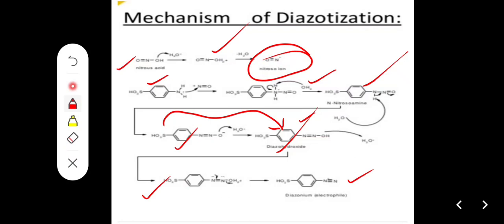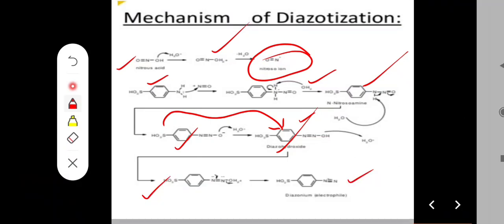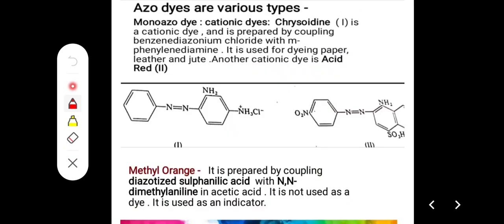Azo dyes are of various types. The first one, monoazo dye, can be a cationic dye. For example, chrysoidine is a cationic dye. It is prepared by coupling benzene diazonium chloride with metaphenylene diamine.